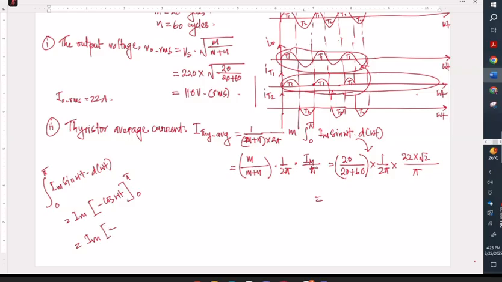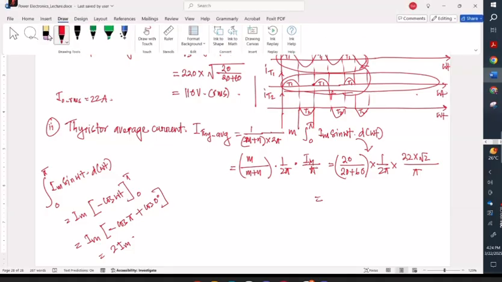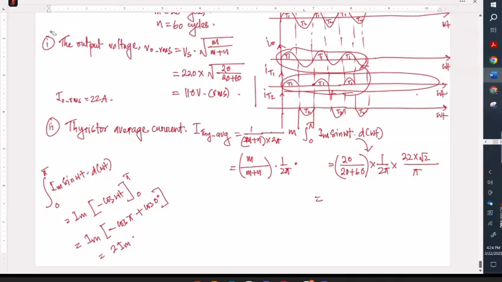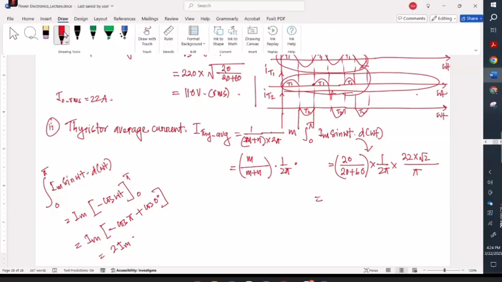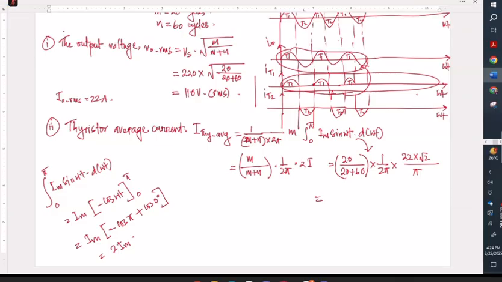So it should be minus cos pi plus cos 0 degree, right? Cos pi is -1, minus minus would be plus, so 2 Im, right? So here it should be not Im over pi, it should be 2 Im, right? So these two will cancel out.